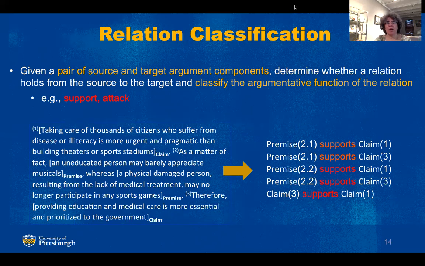And then finally, once we have that, that's where argument relation classification comes in, which takes basically any two pairs of argument components or ADUs, one called a source and the other a target, because these are ordered relationships. The task of relation classification is first to determine if there is a relation, and if so, what relation it might be if multiple relationships are possible, such as support and attack.